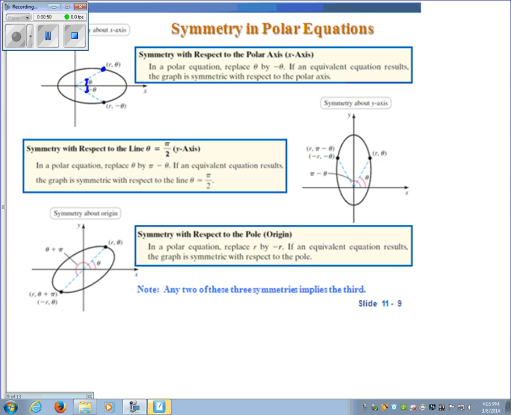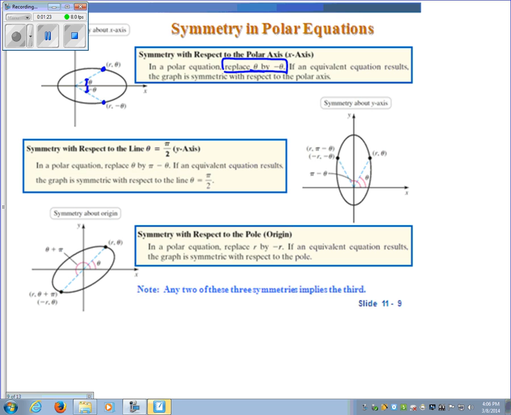Now rotate the same angle, same quantity, negative theta, clockwise, and you would have the point represented with (r, negative theta). So to check symmetry around the polar axis, replace theta with negative theta, and if you end up getting the same r value, then we're going to have symmetry about the polar axis, about the x-axis. So just replace theta with negative theta and see if you get the same r value.